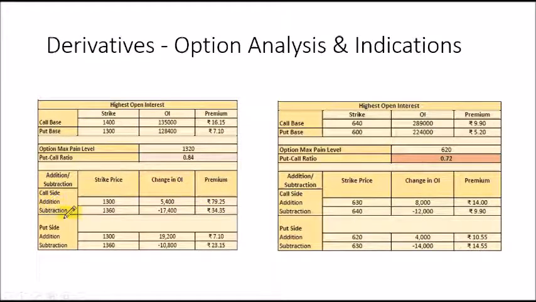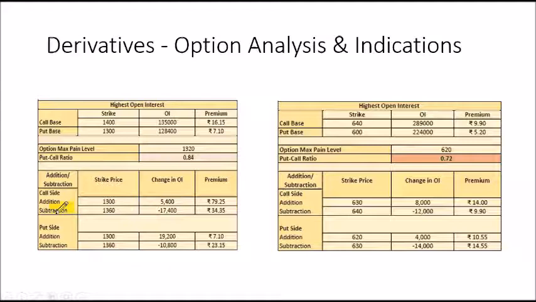So call addition and subtraction, how you can interpret this. Whenever the stock moves higher and there is an addition on the very near call strike, let's say the stock price is 1300 and the 1300 call strike has seen the highest addition, that means there is a stiff resistance at 1300 and the stock might see profit booking from these levels.